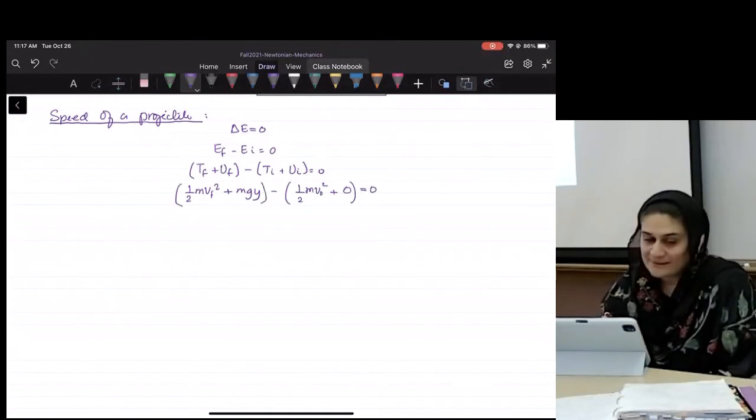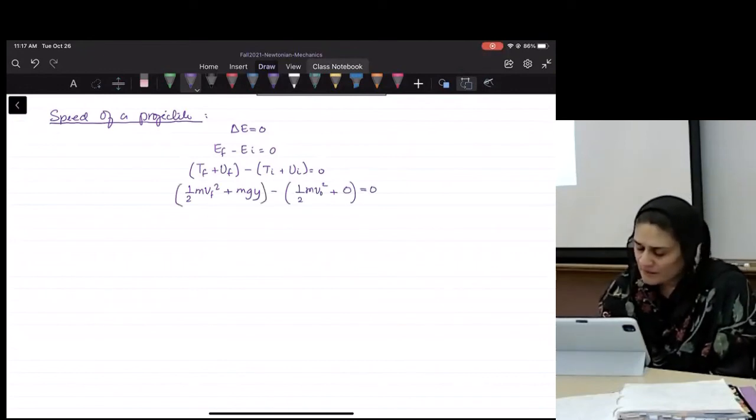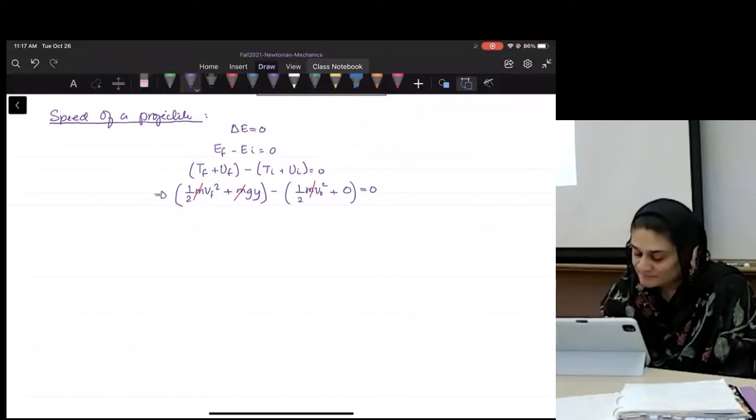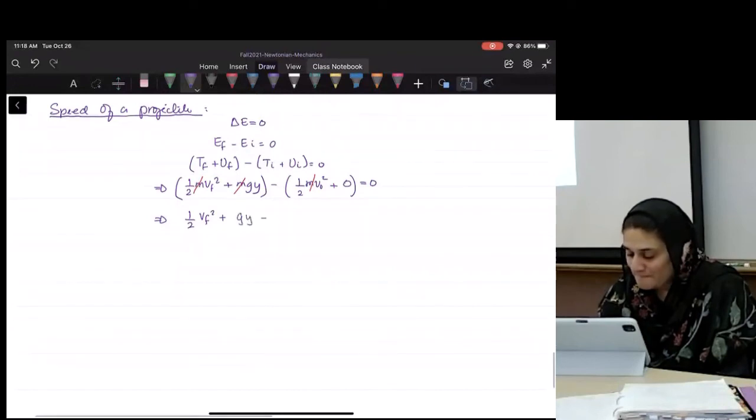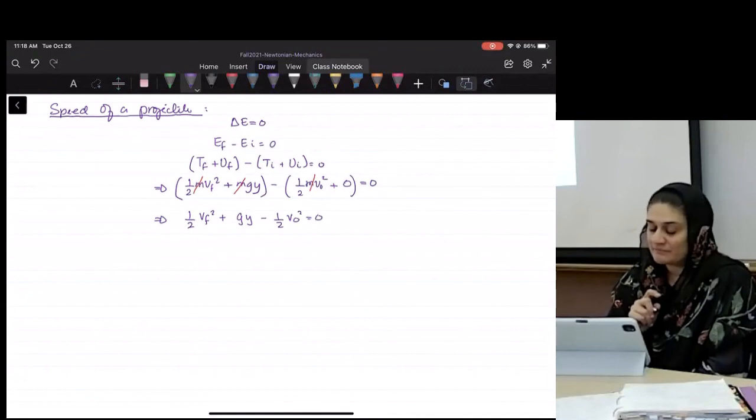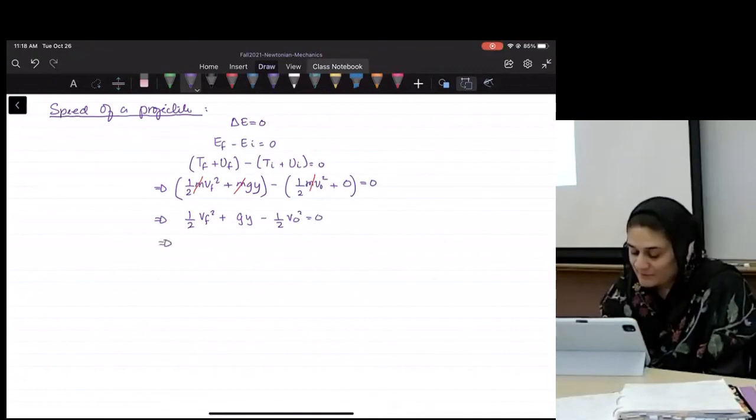So may I write this as, the m's all go away, right? So I'm not even going to worry about them. Okay, what will I get? One half v naught squared. So do you see something happening? If I take one half common out, what am I left with?